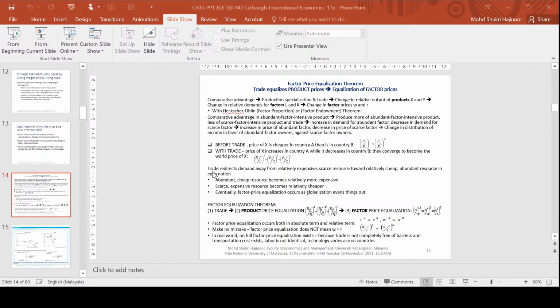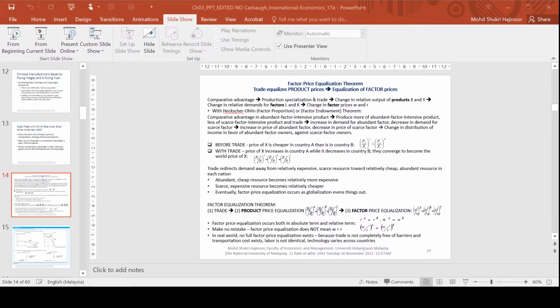Example, if the price of labor-intensive products rises by 10%, the price of the factor used intensively in that product, which is L, labor, will increase, which is W, wages.